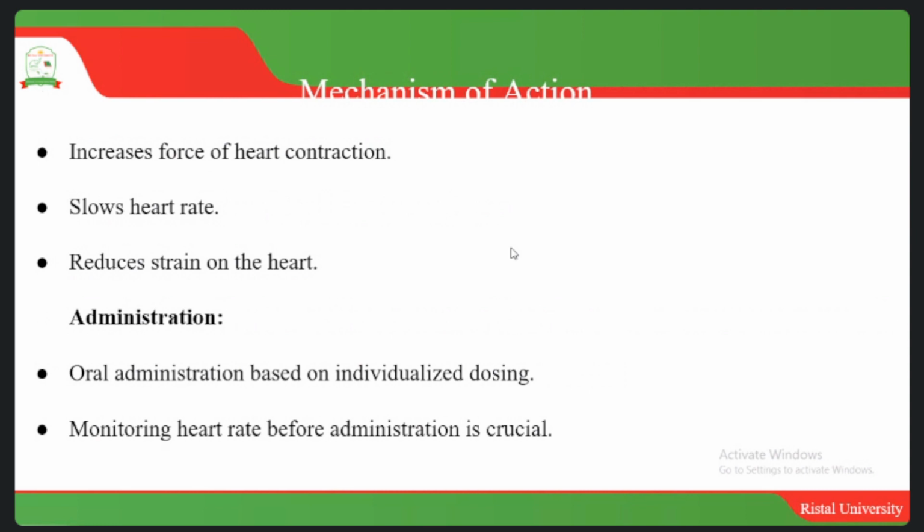So the right side of the heart is basically the side which receives blood from the body back to the heart on the right-hand side for it to be pumped to the lungs for oxygenation. But when the heart fails on that side, that means there will be a backflow, because it cannot function well. It will not accommodate this blood which is returned back to the heart from the body to be sent to the lungs for oxygenation.